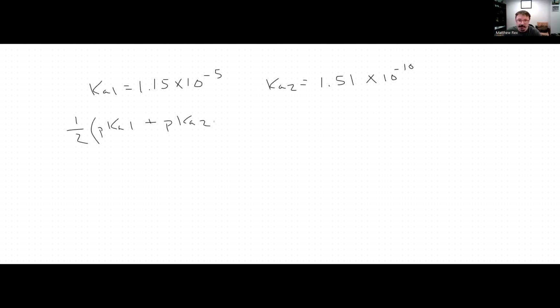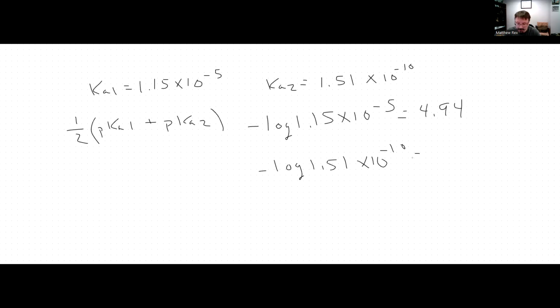So I'm just going to take the negative log of each of these to find what is that pKa1 and what is that pKa2. So this is 4.94. And this is 9.82.